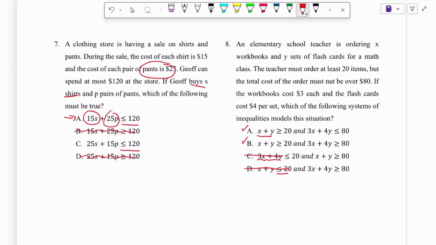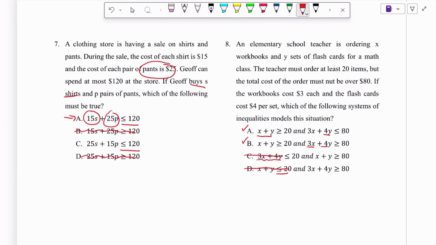Okay. The total cost of the order has to be over $80. If the workbooks cost $3 and the cards cost $4, this becomes 3x plus 4y.